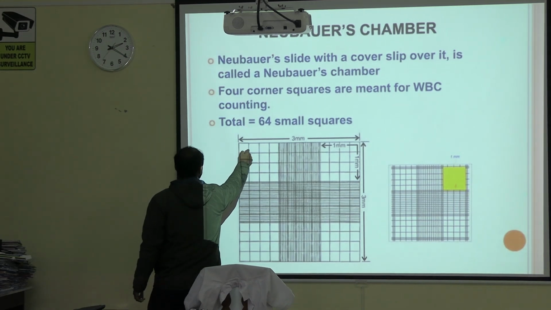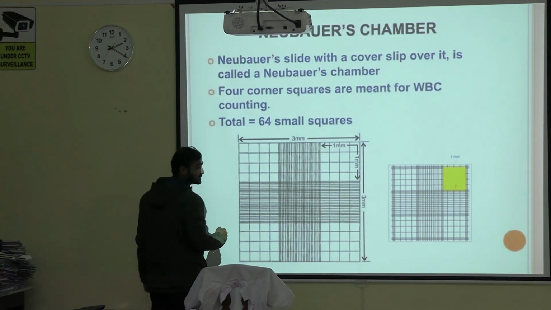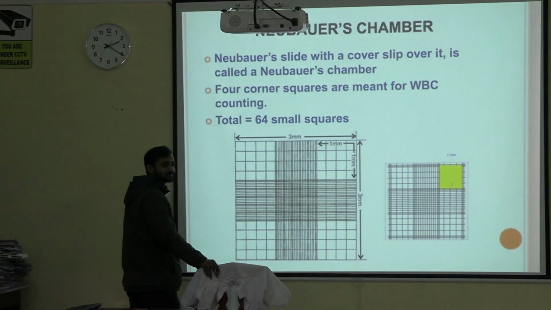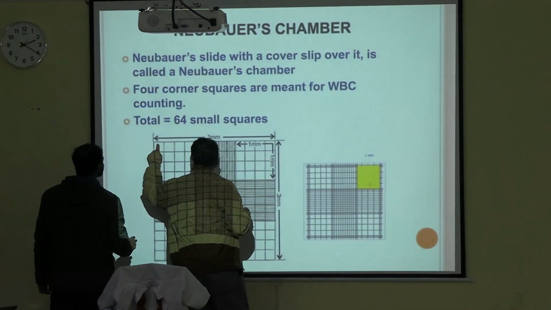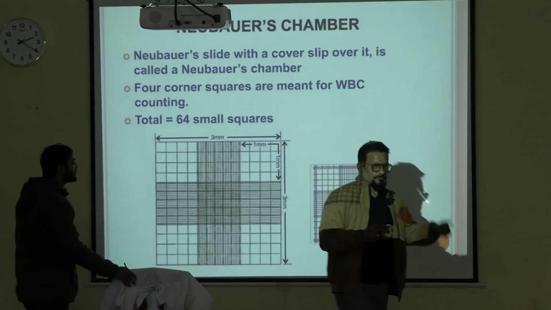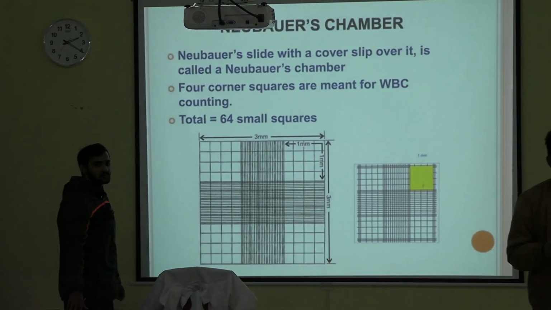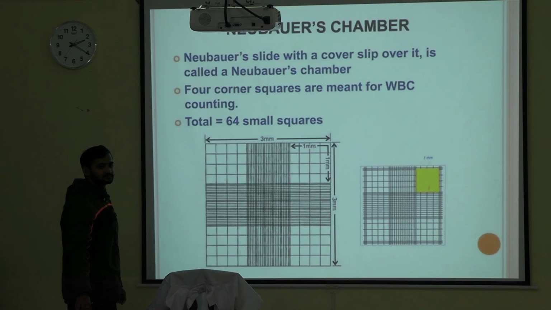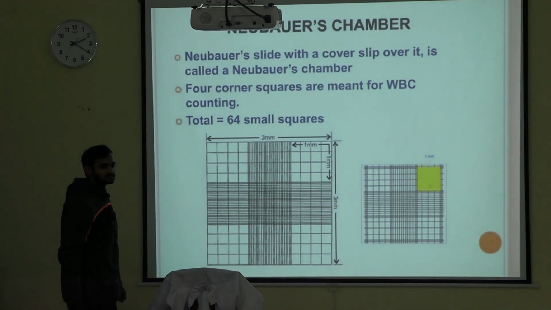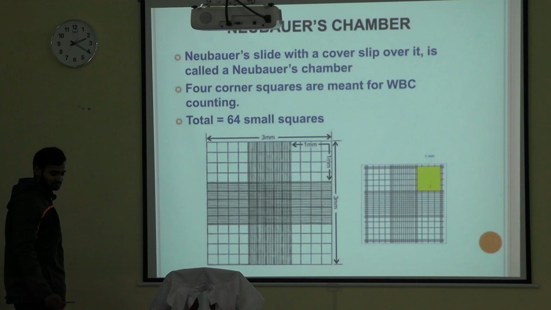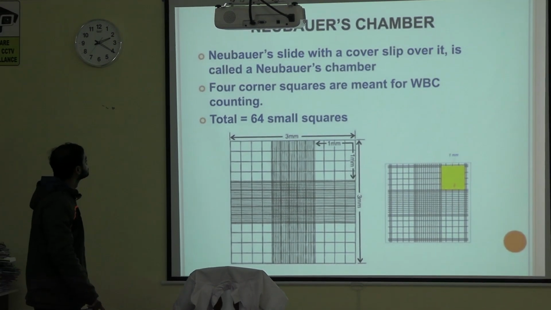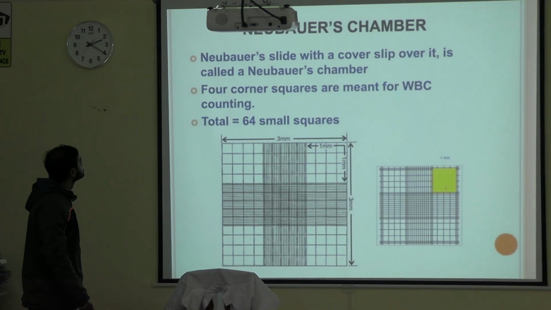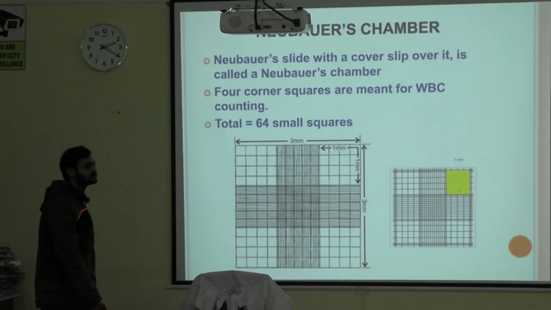If you calculate the area of this small box, what is the area of this small box? Area and volume of this single box first. What is the side?